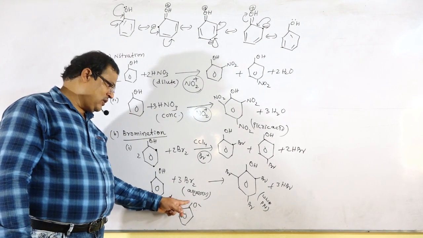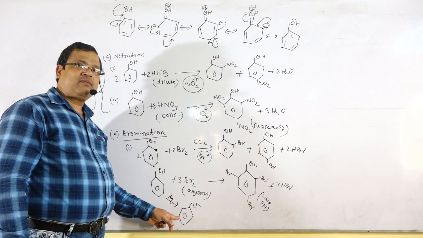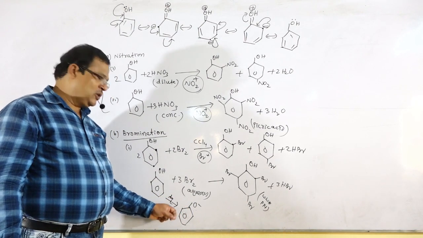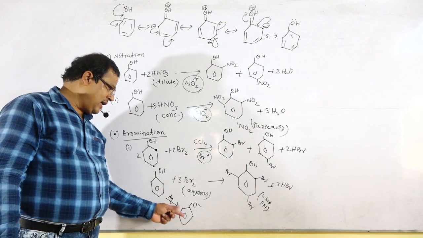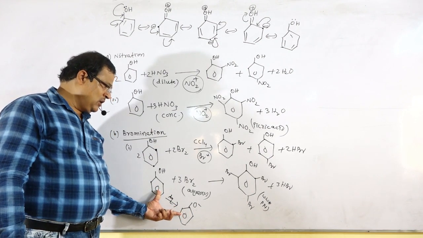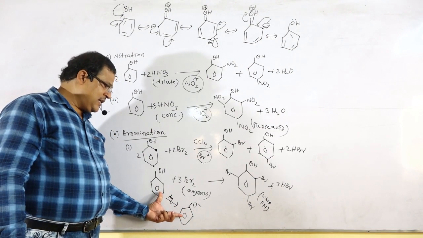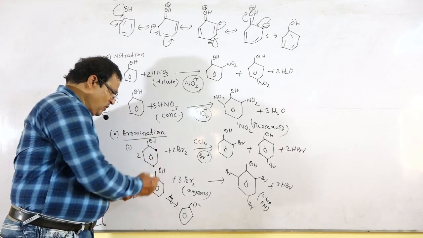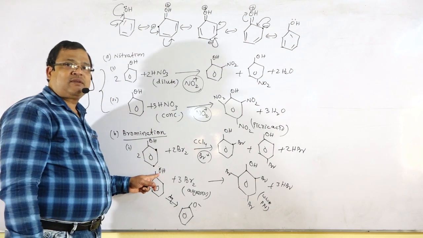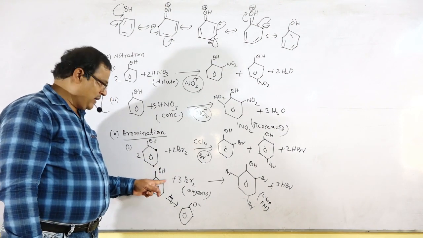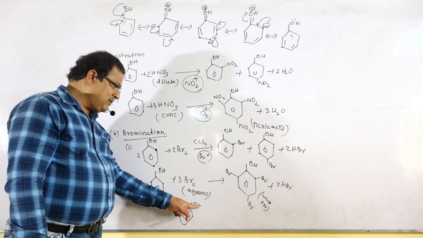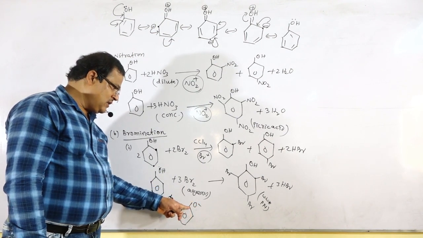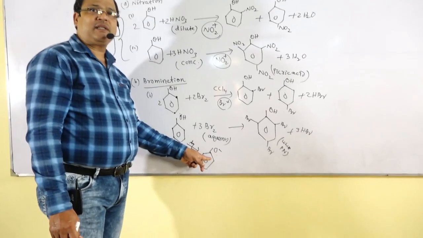Because the negative charge will come to the bond and be shifted to the next atom, there is no such charge separation. If you compare the directing power of phenol and the phenoxide ion, in the OH group the oxygen atom contains a lone pair that comes to the bond, and the oxygen atom becomes positively charged. But in this case, the oxygen atom is negatively charged, and that charge will come to the bond and be shifted to the next atom, with no charge separation.